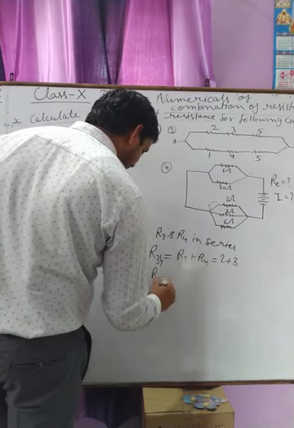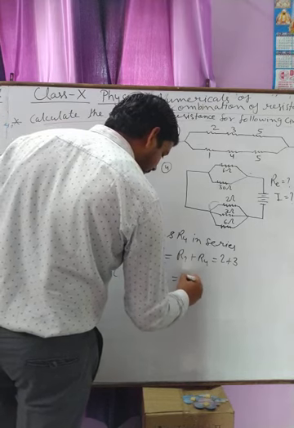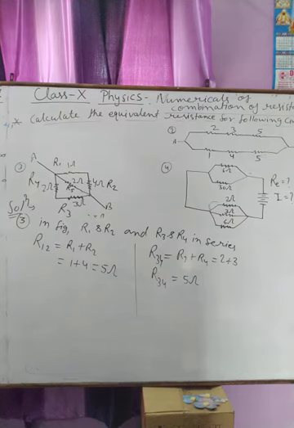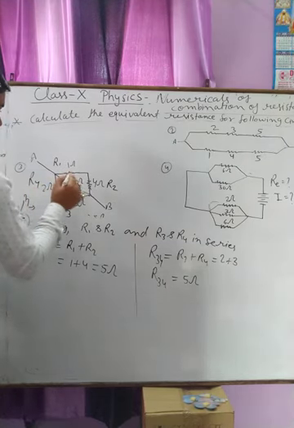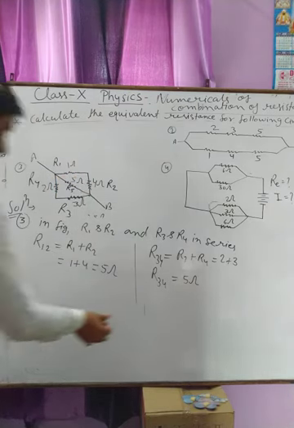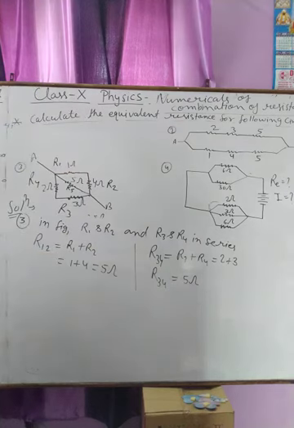So R34 is equal to 5 ohm. Okay student, it will be taken as 5 ohm.